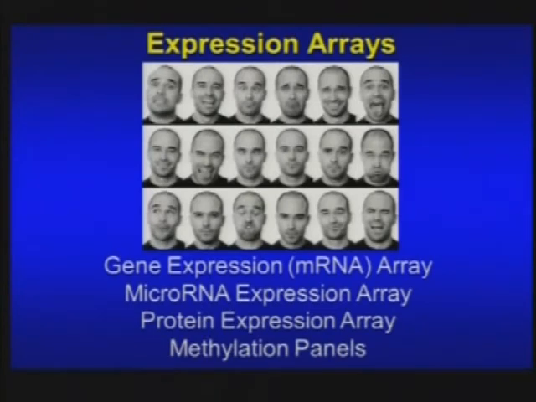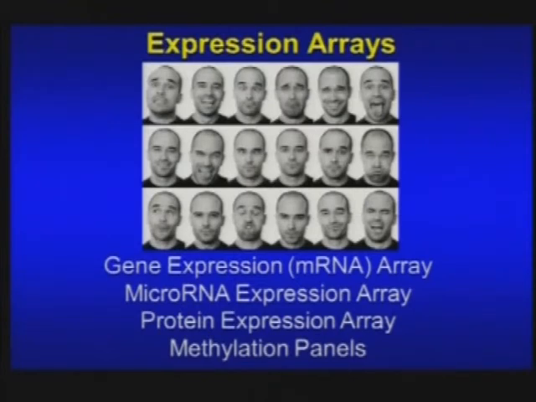So I just showed you individual biomarker performance, and then I showed you a panel where we had 3 biomarkers in one. But recent technology now has allowed us to assay hundreds and thousands of biomarkers all in one panel. So more of the studies coming out now are going to be looking at these arrays.